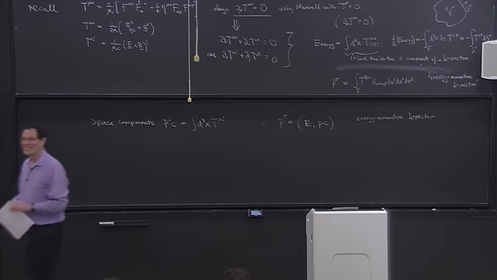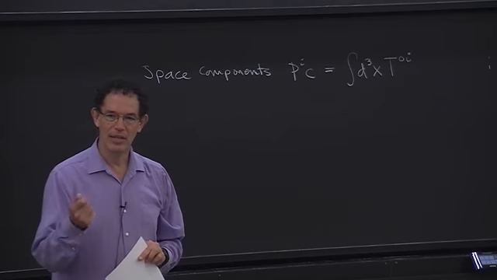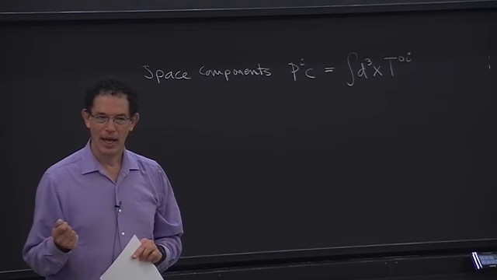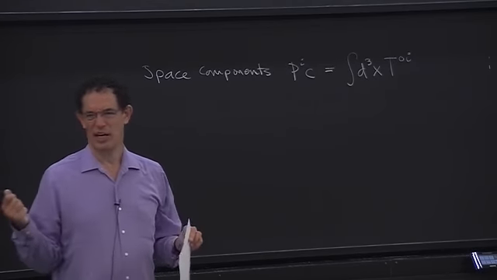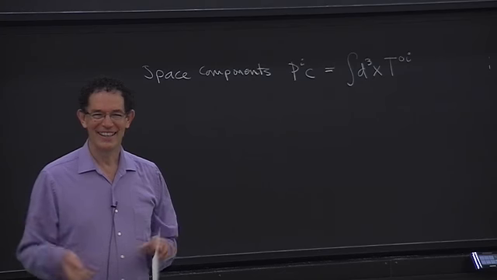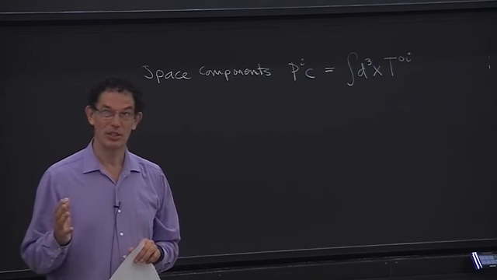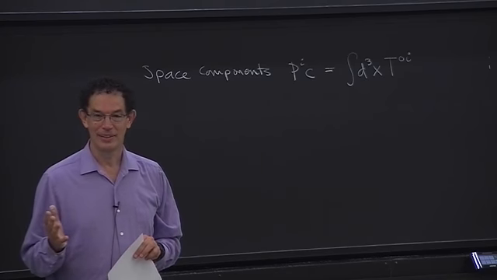Okay? So T naught naught is the energy density, T naught i is the momentum density, T^{ij} is the stress. And if you want to know what is the stress, okay, we know what stress is, but stress is stuff that pushes energy, pushes momentum around. Okay?